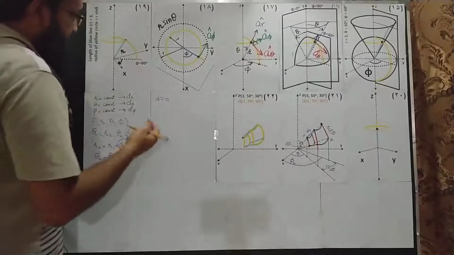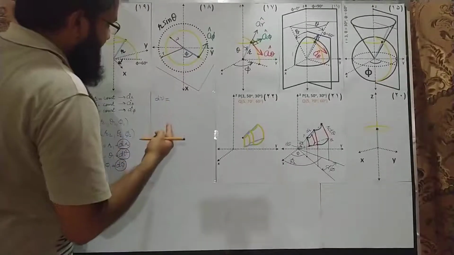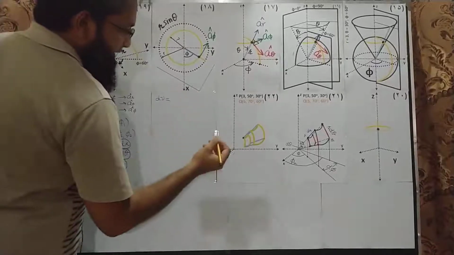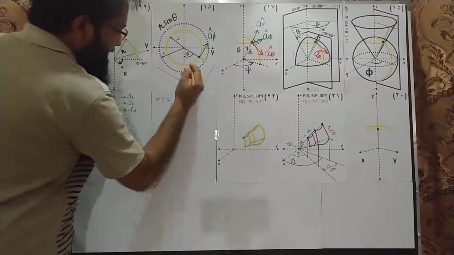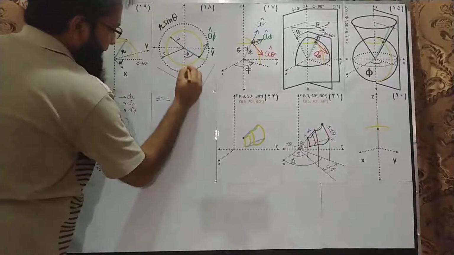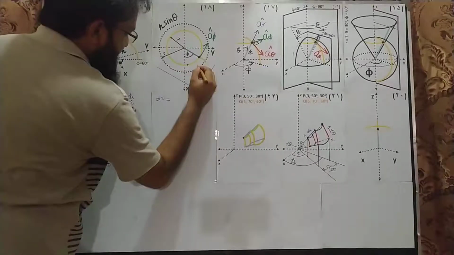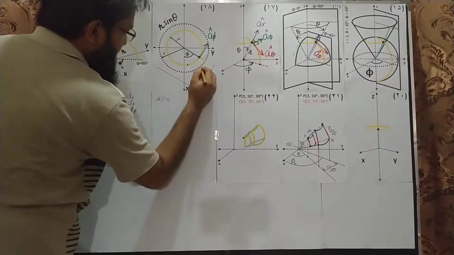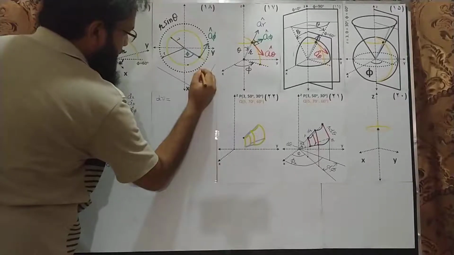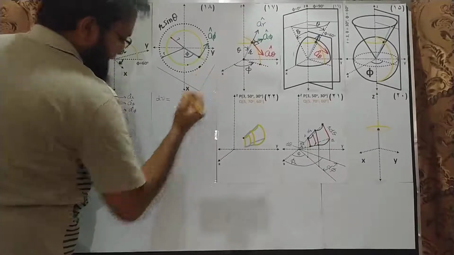So let's say now I'm just messing up with this diagram. Let's say you see it from the top. This is point P, and let's say this is point Q. Point Q is here.